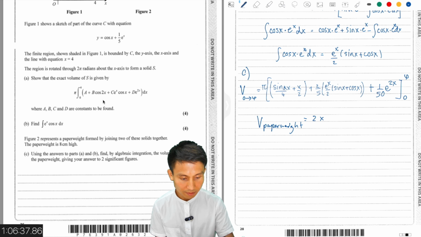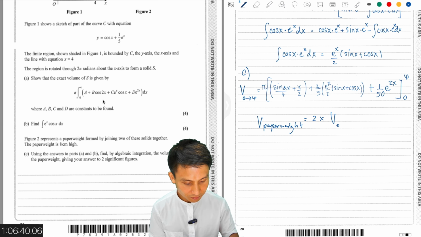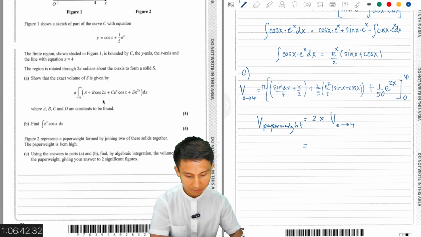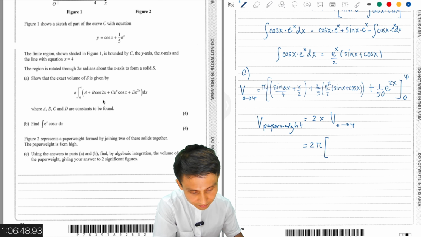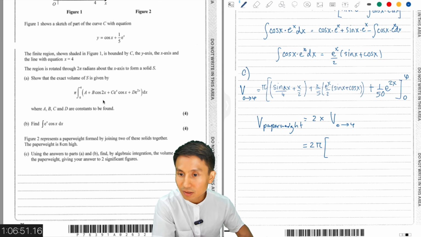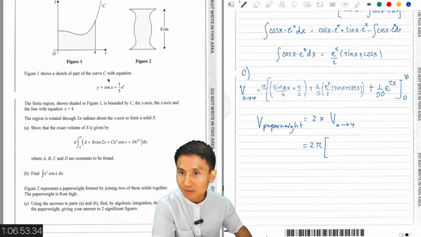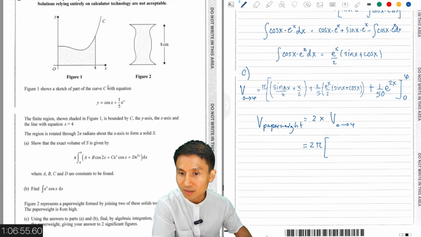is equal to 2 times all that, V of 0 to 4, which is equal to 2 pi, and then all that, right? So 4 subbing in. Hang on. Is this in radians? Yeah, that should be in radians, right?